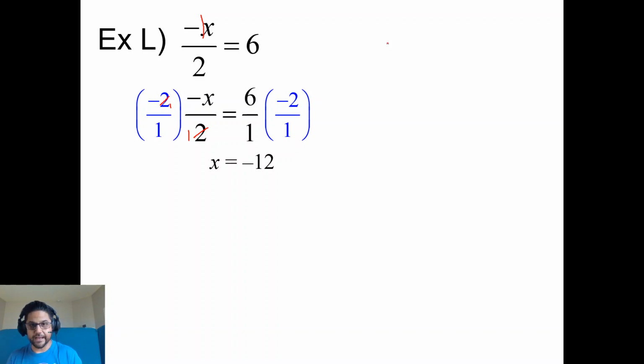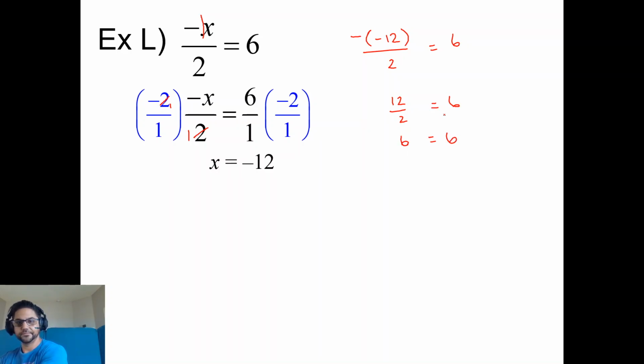If I were to write it up here, it would look like negative, substituting negative 12 divided by 2. And negative times a negative is a positive, so 12 divided by 2, yeah, that definitely gives us 6 equals 6. So again, that is a great check right there. Wonderful.